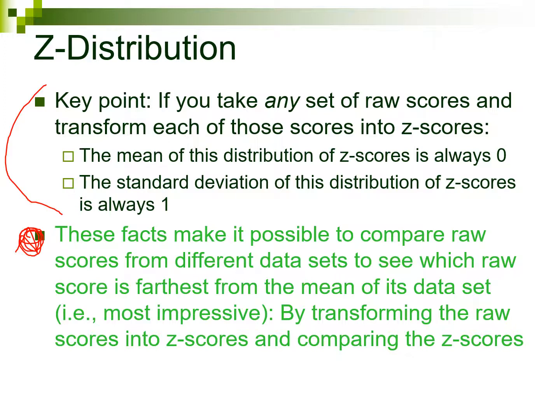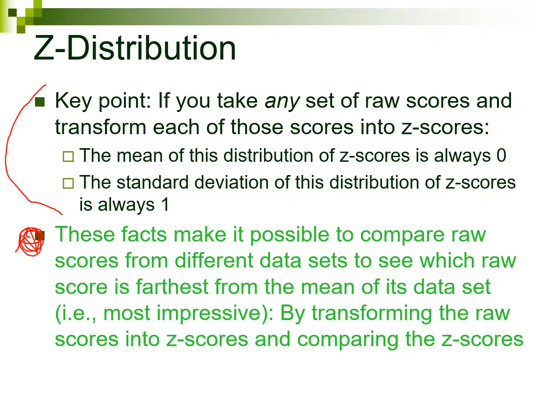Here's the type of scenario that this information is useful for. Let's say I give you a set of raw scores from different distributions, and I ask you which raw score is most impressive. Which of these raw scores represents like the best score from any of the distributions? What you might be tempted to do is look at the individual raw scores and say, well, this raw score is the biggest number.